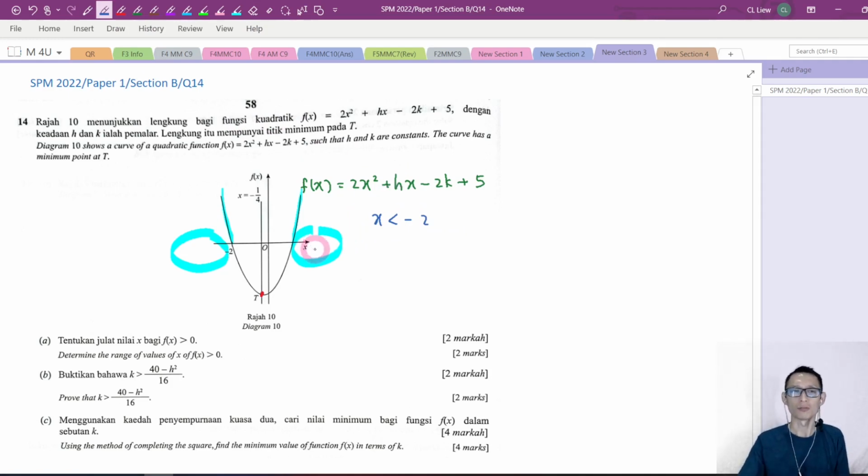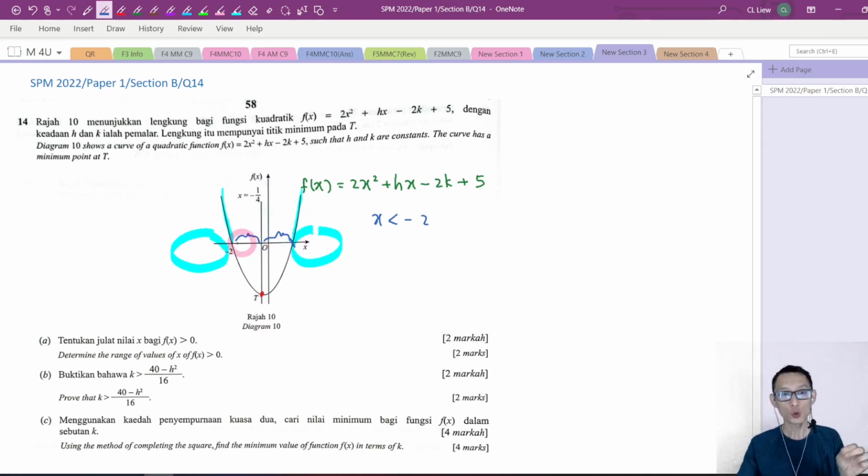But how about this one? We don't know the value here. So we need to get the value here. What is the value of x here? I mean the x-intercept. So try to think. You know that this is a quadratic function, and this is a minimum point. This will be the axis of symmetry. So the distance here and the distance here will be the same.